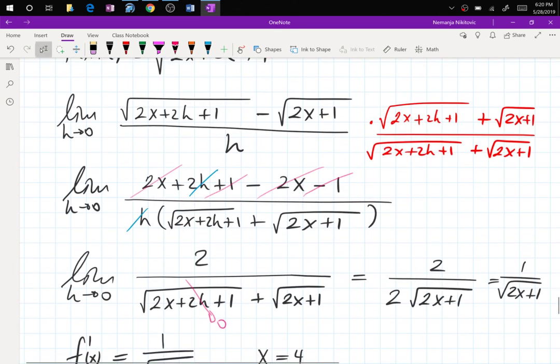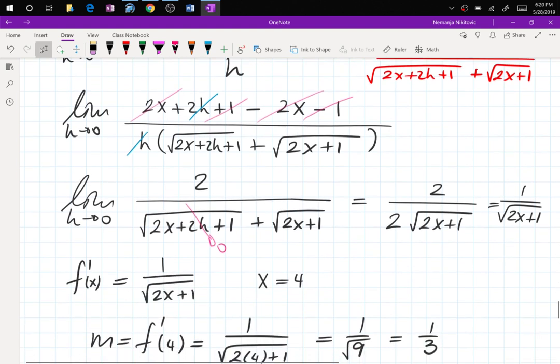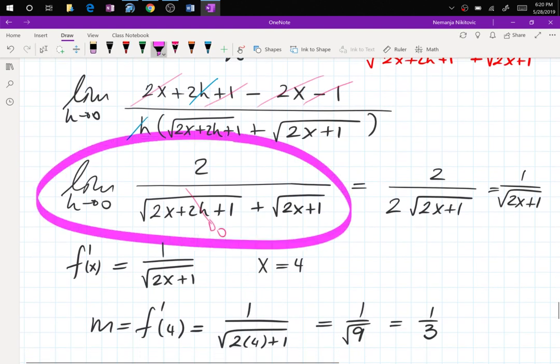And then when everything cancels, the red cancellations are happening first. The only term that stays in the numerator is 2h, and then h cancels with the h in the denominator, which is the blue cancellation. That's the second wave of canceling. And finally, we have this step where we do not have a 0 in the denominator, so now we are allowed to plug in h equal to 0.